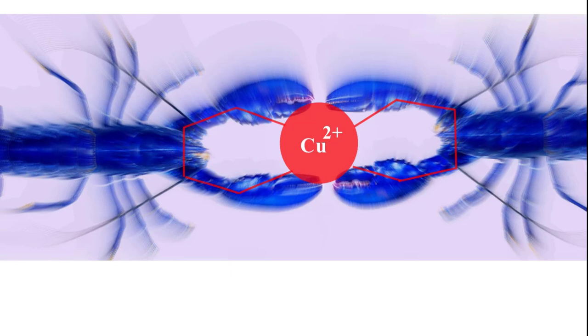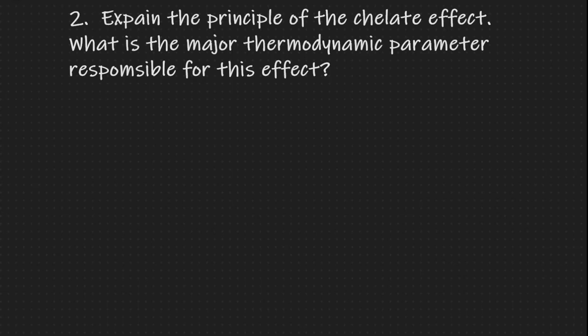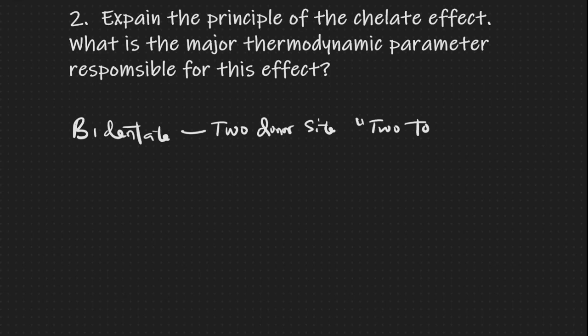So for example, the bidentate ligands, which are also polydentate ligands, bind through two donor sites, and bidentate means two-toothed. A very good example of a bidentate ligand is ethylenediamine, which looks something like this.